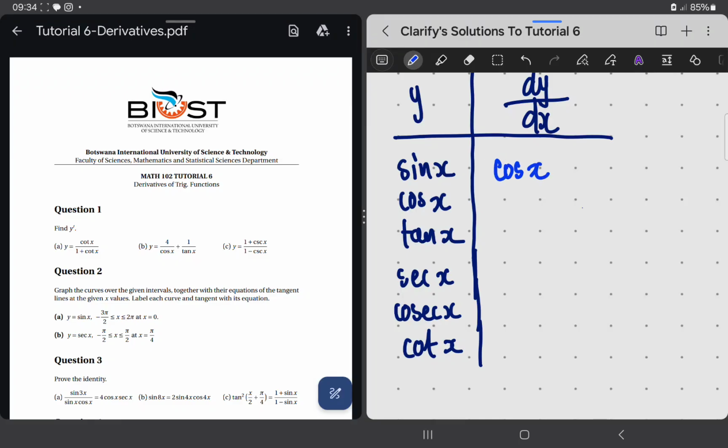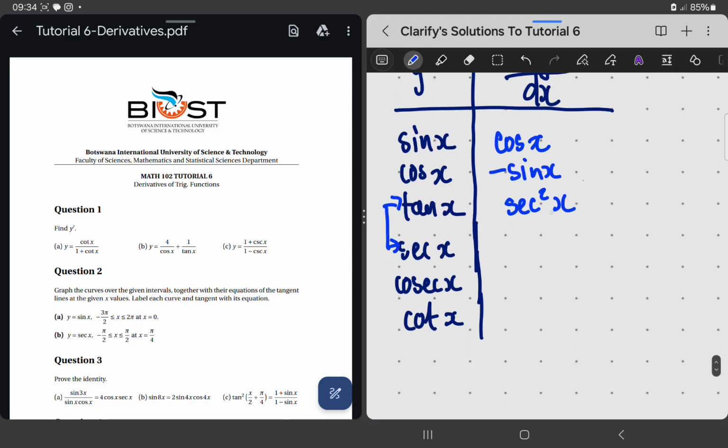What is the derivative of cos? It's negative sine x. What is the derivative of tan? It is sec squared x. So tan and sec are related, because the derivative of sec will be sec x tan x. Tan gives you sec squared, but sec can't give you tan squared. It will give you sec x tan x.